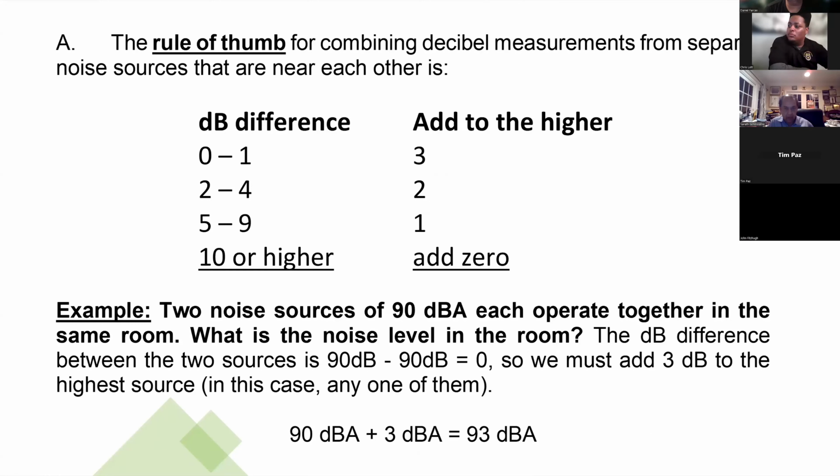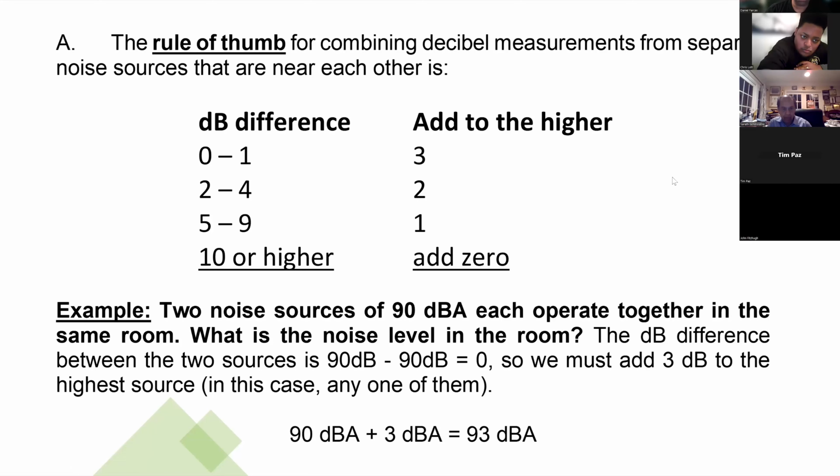Everybody knows there's a rule of thumb for combining decibel measurements for separate noise sources that are near each other. I'll give you an example. This is the rule: if the difference between sources is 0 or 1, you add 3 to the highest.